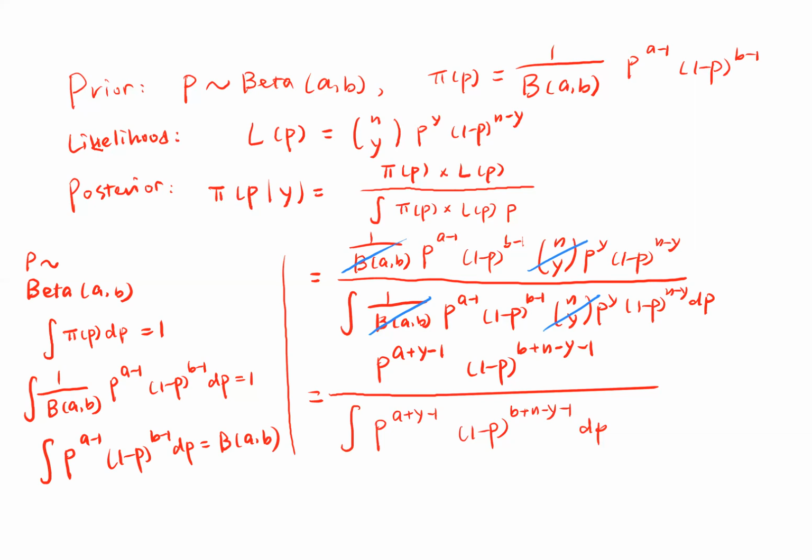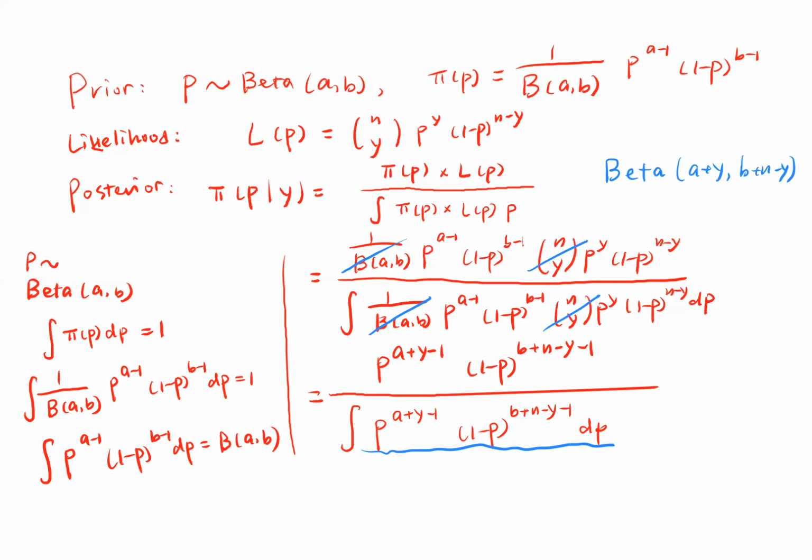And this is my hint for you in order to solve what we need to simplify for the denominator here, okay? In a very similar form, we need to recognize what that beta function is, which is a constant, and replace it based on these integration results. And once you get that beta constant, hopefully you will see that the posterior is indeed the beta distribution that we derived earlier, which is Beta(A + Y, B + N - Y), I think, right?